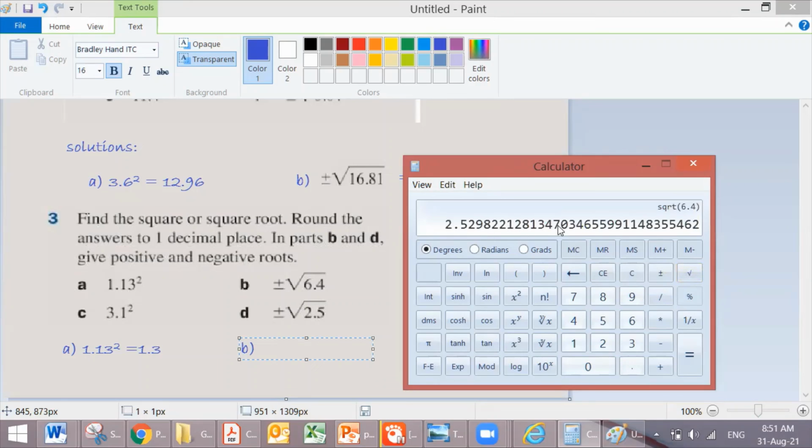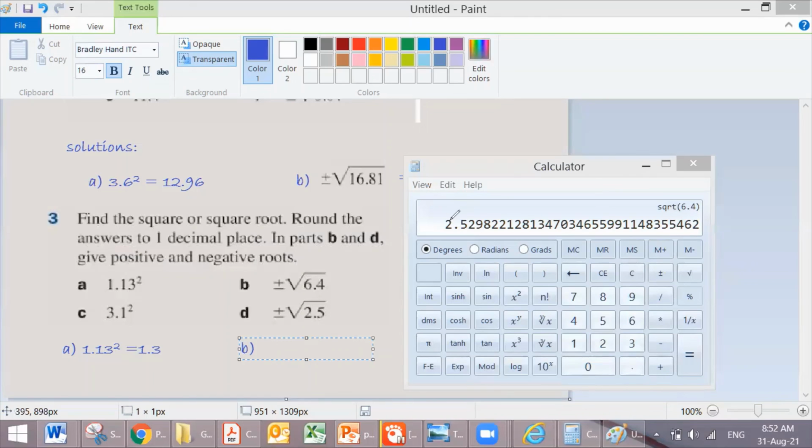As you can see, this has a very large number of decimal places, but I have to write only up to one decimal place, meaning I write only one value after the decimal point. So I will see that here is that value 0.5, and I will see the next value.